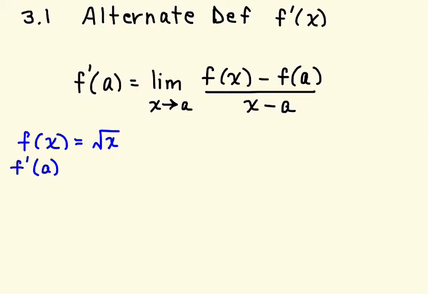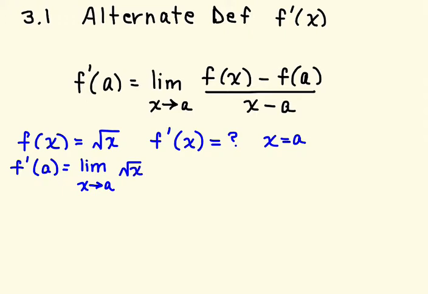In other words, we're saying what is f prime of x equal to when x is equal to a? And it's going to be the limit as x approaches a of f of x, which is the square root of x, minus f of a, which is the square root of a, over x minus a.